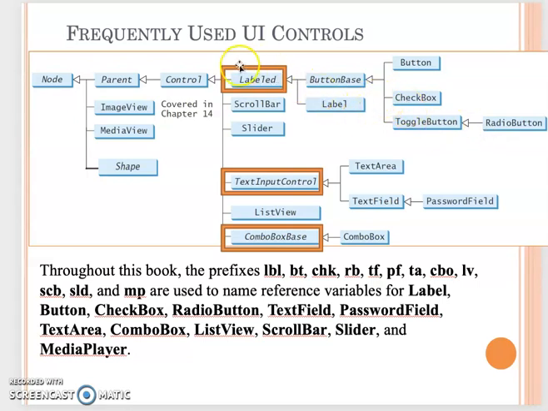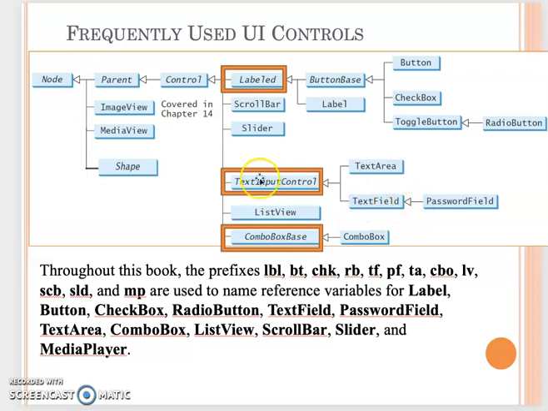So they are all under the UI control and under the labeled. The button actually is also kind of a label. Later we will show you that on the label or a button, we can also have an image icon displayed on the button. So this week we will talk about checkbox and radio button. You also have some examples about the text field.